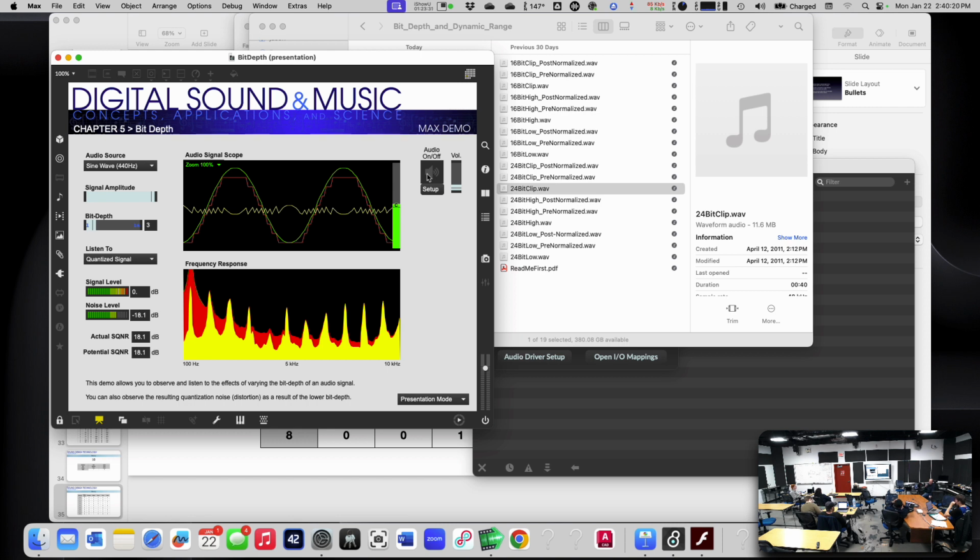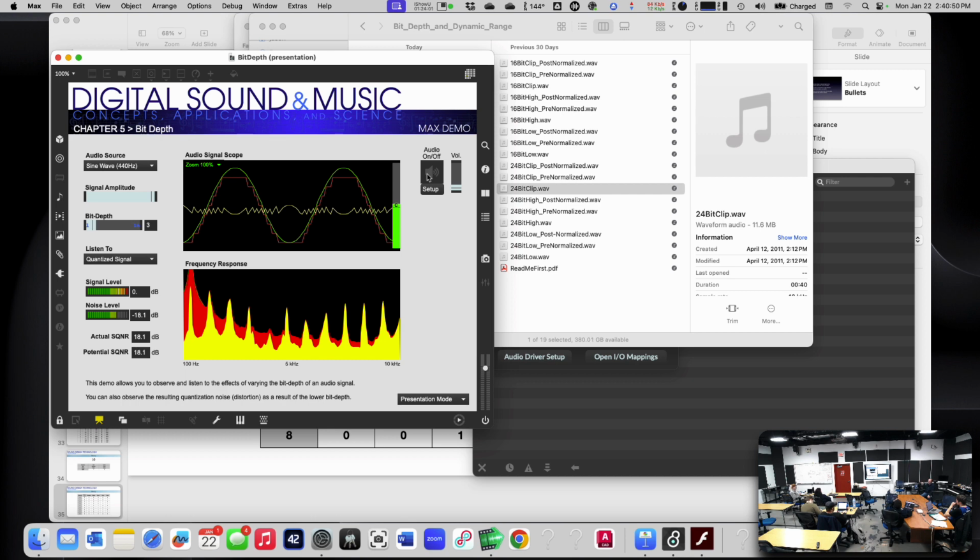Now, in actuality, the highest value is an electrical thing. Okay? The highest value is all the bits turned on, regardless of how many bits you're using, and the only question is how much quieter than that can you go. But there is a maximum input voltage for that converter. Whether you're using 16 bits or 24 bits or 32-bit floating point, there's a maximum voltage that you can feed into that, and it will clip it.